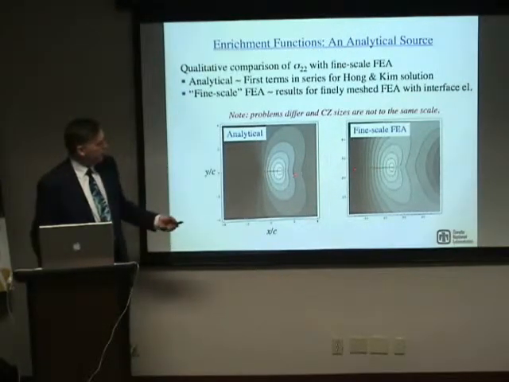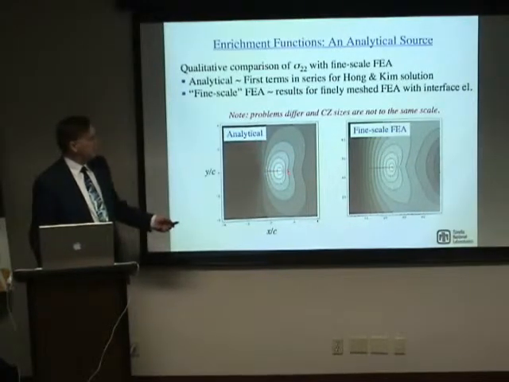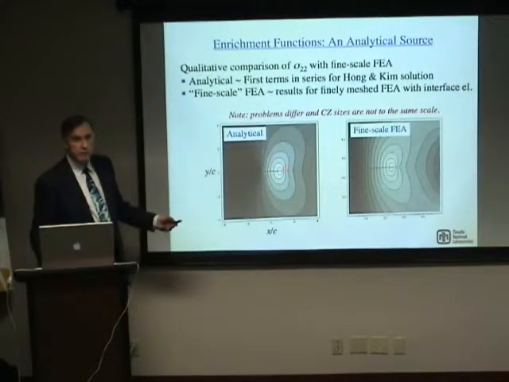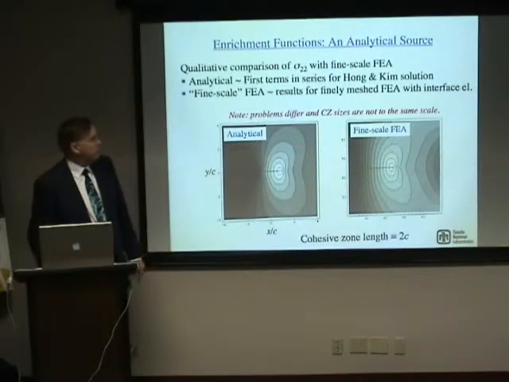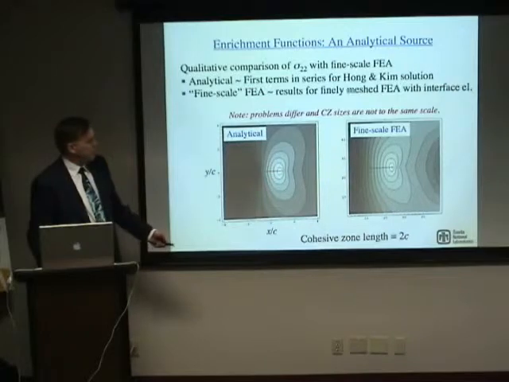The red region here represents the length of the cohesive zone, but at least it suggests that if you were to use the underlying displacement fields from this analytical work as part of your basis to represent the field over here, that it's potentially going to help us and not require us to use as fine of a mesh. I would mention here again that the cohesive zone length is 2c here, as that's what we're normalizing by as the value c. So the actual length of the cohesive zone is twice that.